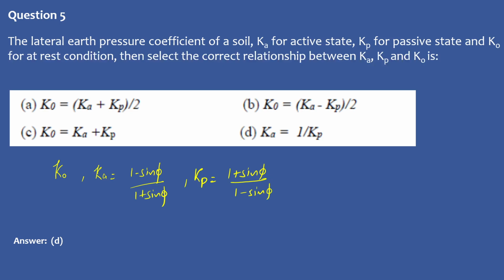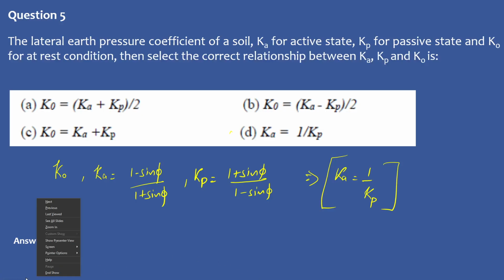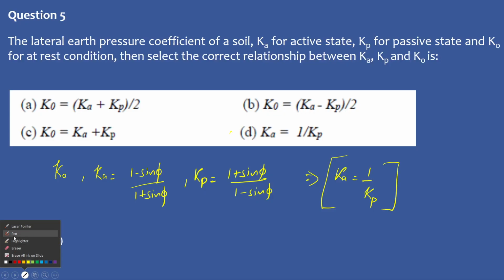So for the time being, there's no particular relationship which takes all three coefficients into account, but these two, as we can see, are reciprocals of each other. So Ka is 1 by Kp, and that's why the answer is option D. Ka equals 1 upon Kp.